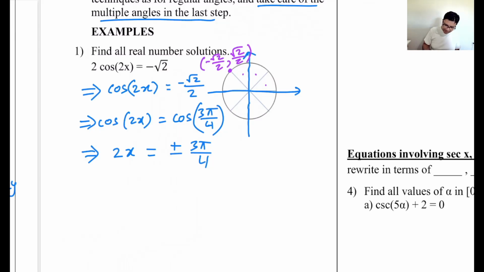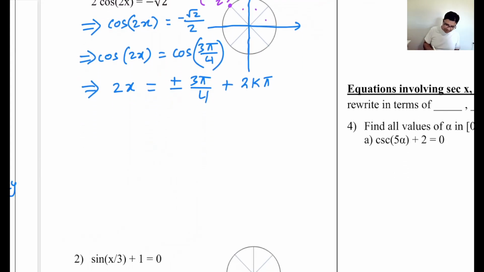And if I have to write all real number solutions, I say plus 2k pi. Right? You can add multiples of 2 pi. And we need to get to x. So to get to x, now divide both sides by 2. That will become, now I'm going to write the 2k pi first.